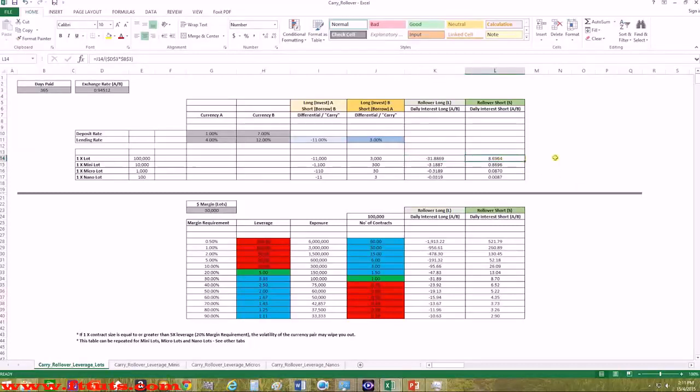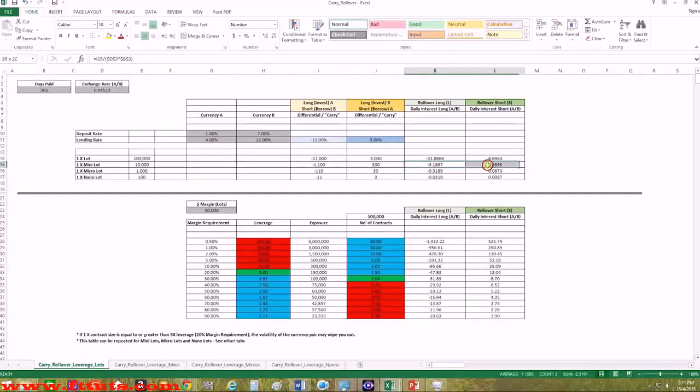And if we're short the currency pair AB, we actually get a credit to the trading account of 8.6964. And this daily debit or credit measurement is called rollover. It's the daily rollover that you either pay out or receive to your trading account.